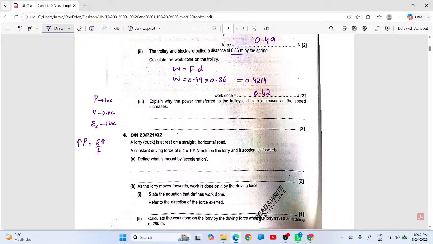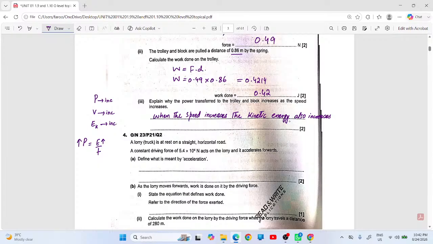Why does the power transfer to the trolley and block increase? Let's write: when the speed increases, the kinetic energy also increases.